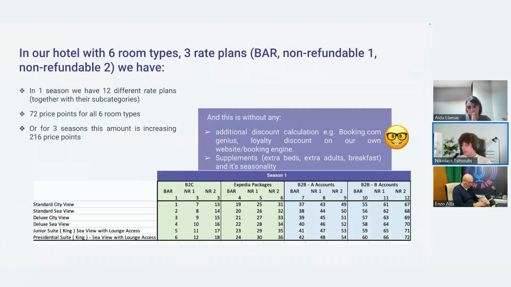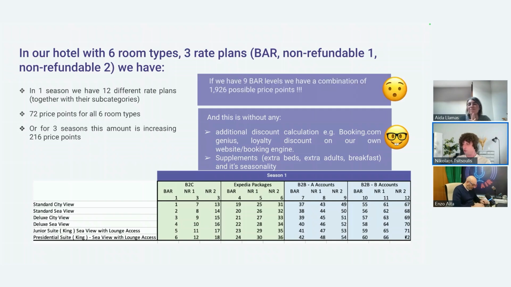So what have we created? We have basically created 12 different rate codes. And if we combine every single room type with every single rate code combination, we have 72 room rate combinations for a particular season.